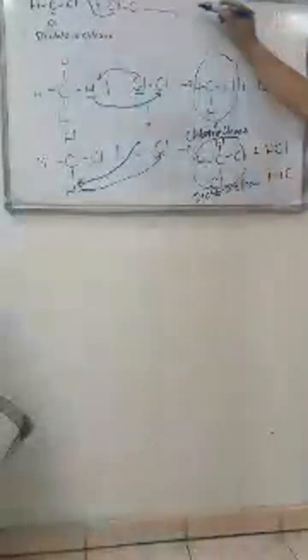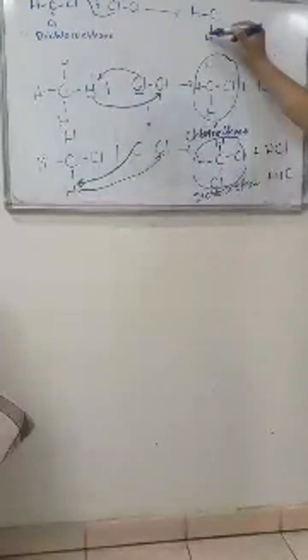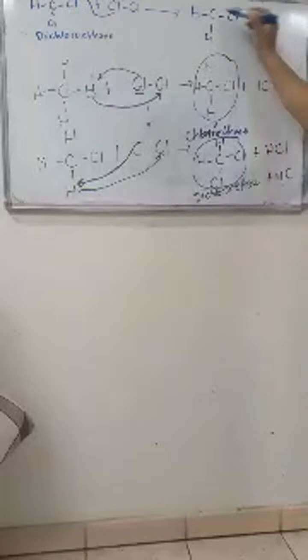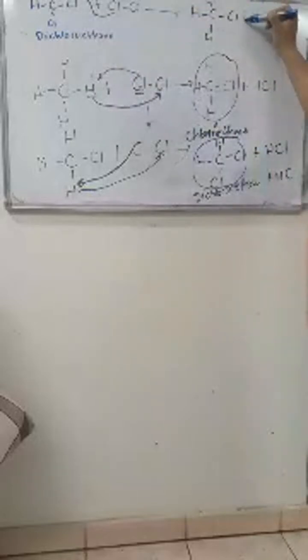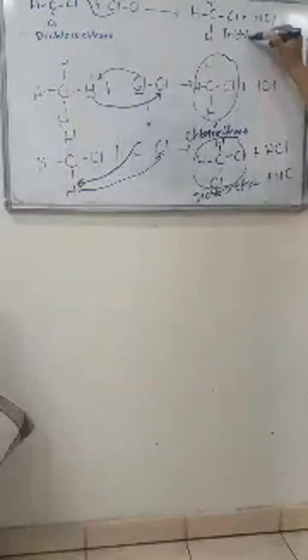It's going to be H, carbon, copy everything. Then chlorine will be here. So chlorine plus HCl. What do you call this one? 1, 2, 3. Trichloromethane.